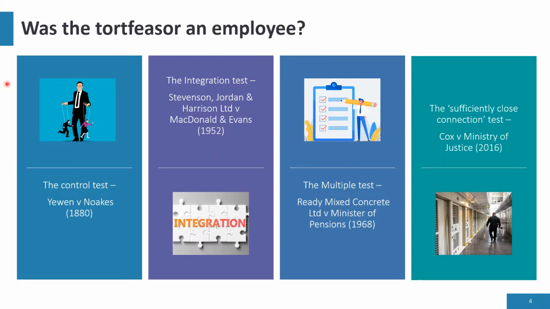The first thing to ask ourselves is, was the tortfeasor an employee? This is a very old-fashioned word, it sounds a bit strange, but the reason I've not put D or defendant here is that when you're applying the law on vicarious liability, the defendant is going to be the employer, and the tortfeasor, that means the person who committed the tort, were they an employee?